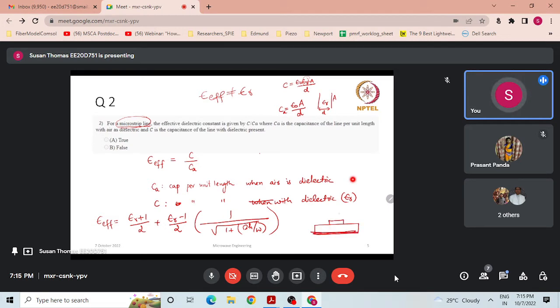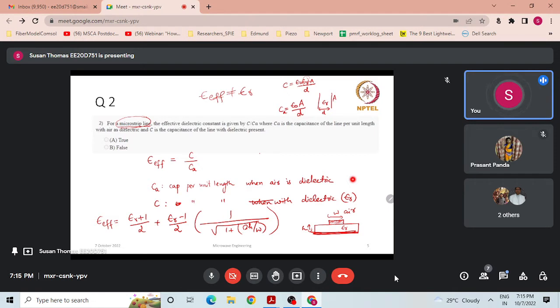The strip is going to see air above, and below it you have a dielectric. That is the reason you have an average of epsilon r plus 1 by 2, and then epsilon r minus 1 by 2 into a term that also depends on the width of the strip and the height of the dielectric substrate.